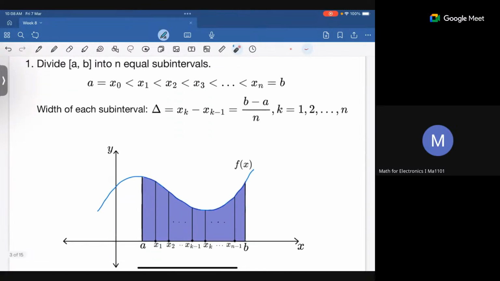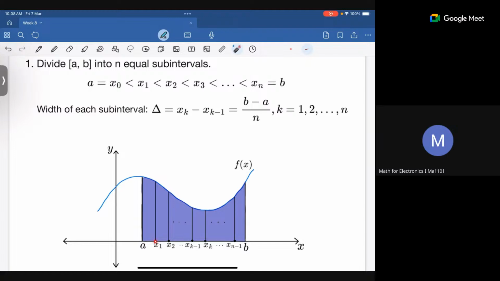I'll start like this. The very first step is, I have this interval AB, so I have to start from a and end at b. I will break this interval into smaller intervals by bringing up new points between a and b.